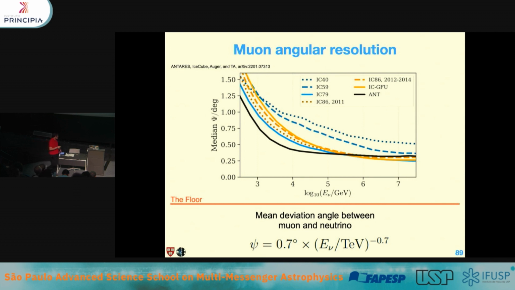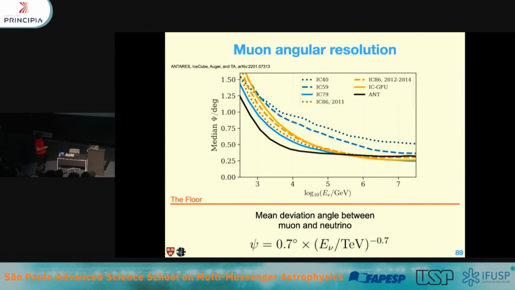Now, another thing we should note with respect to gamma ray observatories is that we do not observe the neutrino directly. You can never see the neutrino directly. You can only see the electron or the muon or the tau that's produced from the neutrino. So there's always going to be an angle between the muon and the neutrino from kinematics.